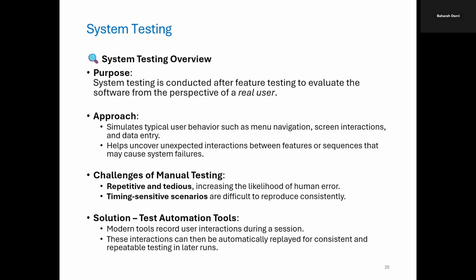Like a screen recorder, but smarter. It logs each click, each input, and lets you replay that exact sequence automatically. So when you make changes to your code, you can rerun the same test and instantly know if anything broke. It's a game changer for testing at scale, and it's what makes modern QA so efficient.